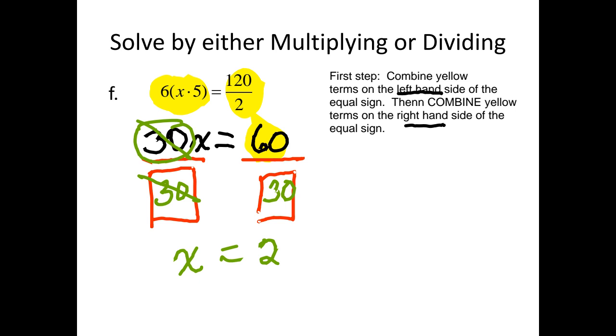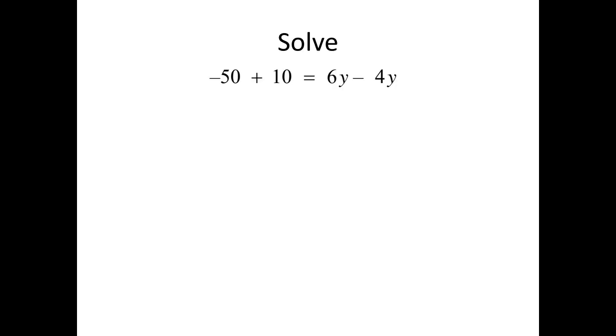Now we're going to put everything together. First, combine terms on the right side and combine terms on the left side. Okay. Well, the right side are these two terms.